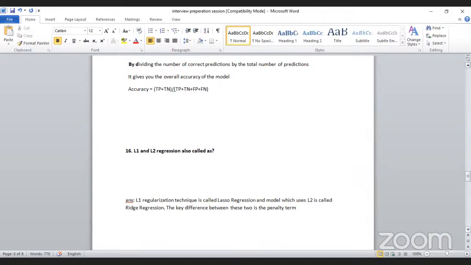Yes, Vaibhav, lasso and ridge, right? The key difference between these two is the penalty.